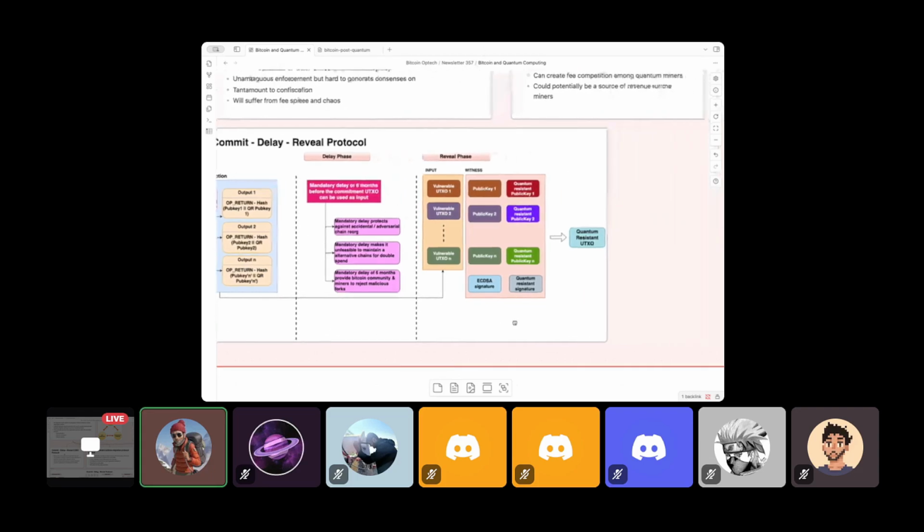After this delay phase, you have the reveal phase. Once 6 months has elapsed, you have the ability to migrate your vulnerable UTXOs to a new quantum resistant UTXO. In this transaction, you put all your vulnerable UTXOs as inputs, and you put the public key and the quantum resistant public key that you used for this UTXO as a witness.